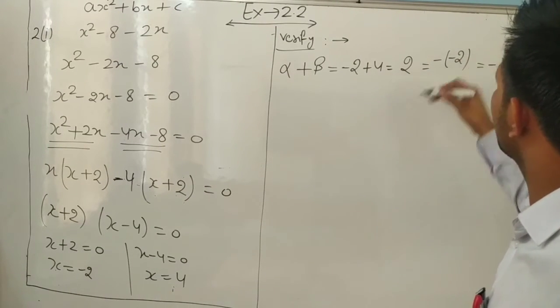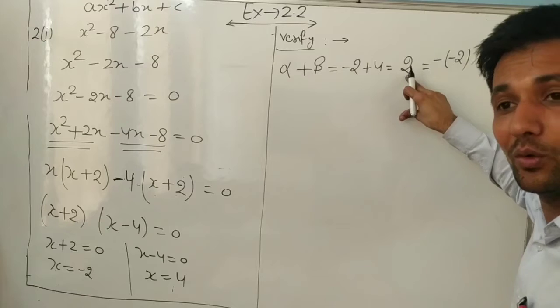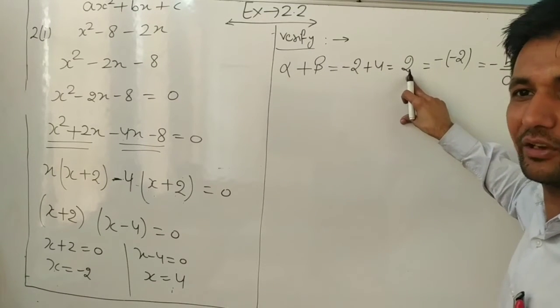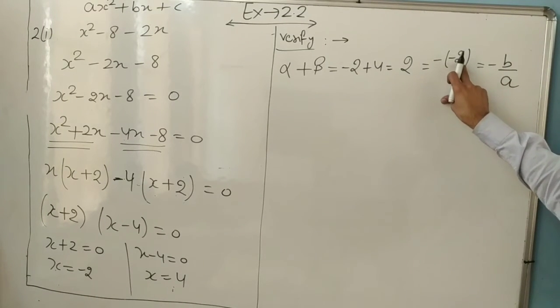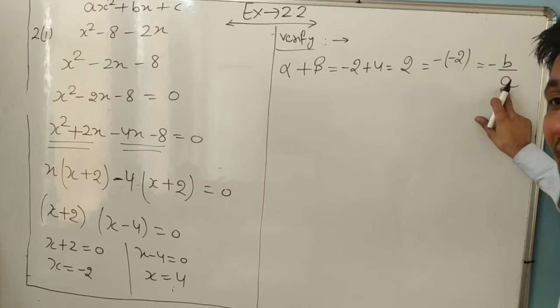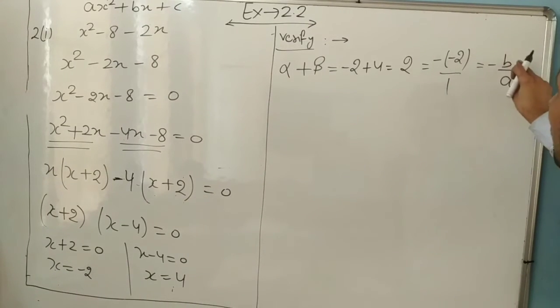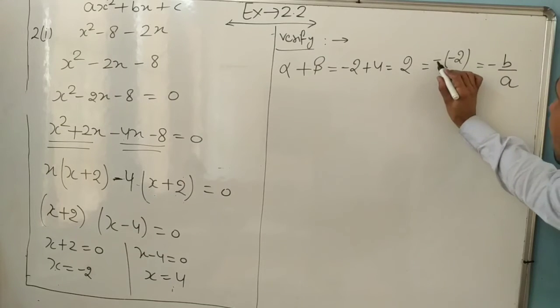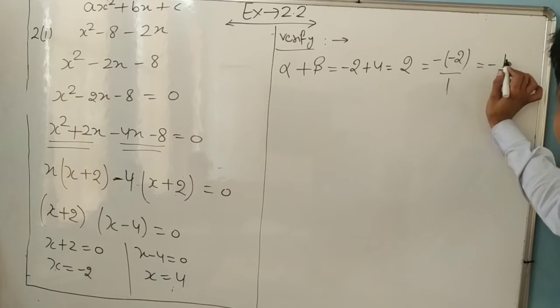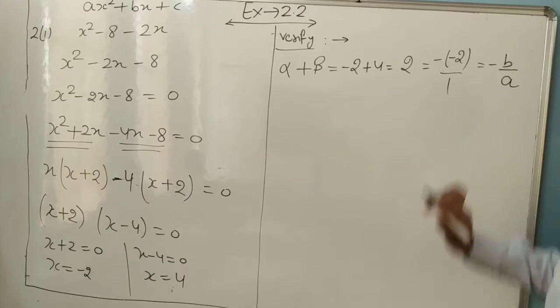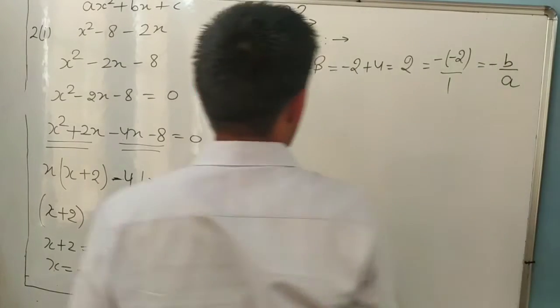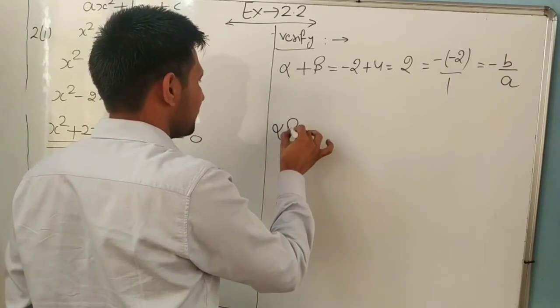Negative into negative is positive, and downside is a. So you divide by 1. So the b value is minus 2. Look, minus sign, and b is minus, a is 1.